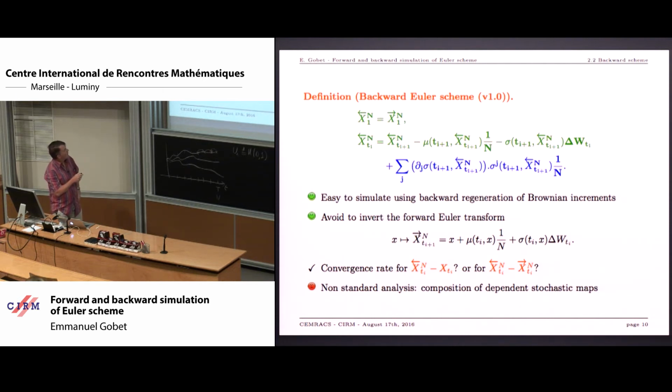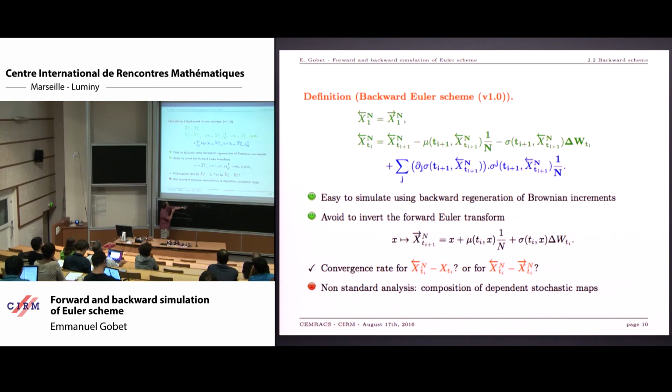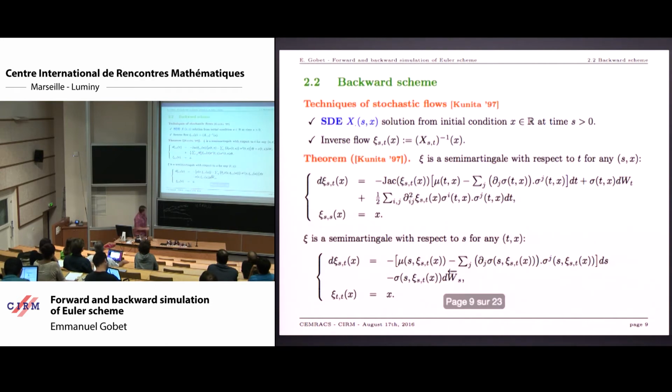So we go forward in time up to time 1, using the usual forward Euler scheme. Once you are here, this is the starting point for your backward scheme. So you simulate this forward process, and then you take the values as a starting point for this backward process. And then you go backward in time using an Euler discretization of this inverse flow.